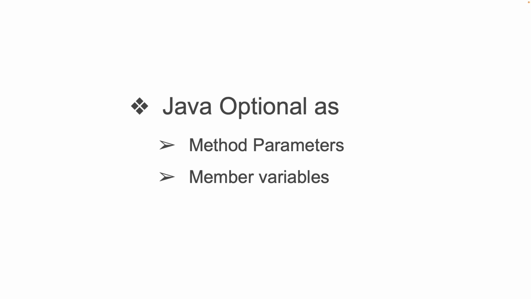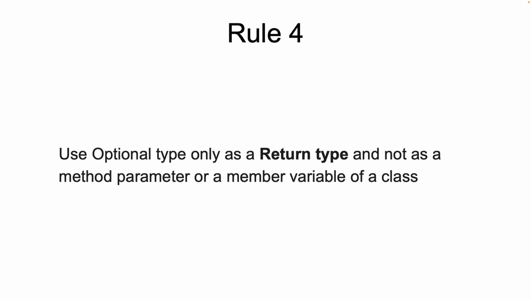And in a similar way, optionals should not be used as parameters in a method. This leads to overuse of optional and leads to unreadable code. Using an optional for just return types for a method is a great balance. Now that's the fourth rule. Use optional type only as a return type and not as a method parameter or a member variable of a class.